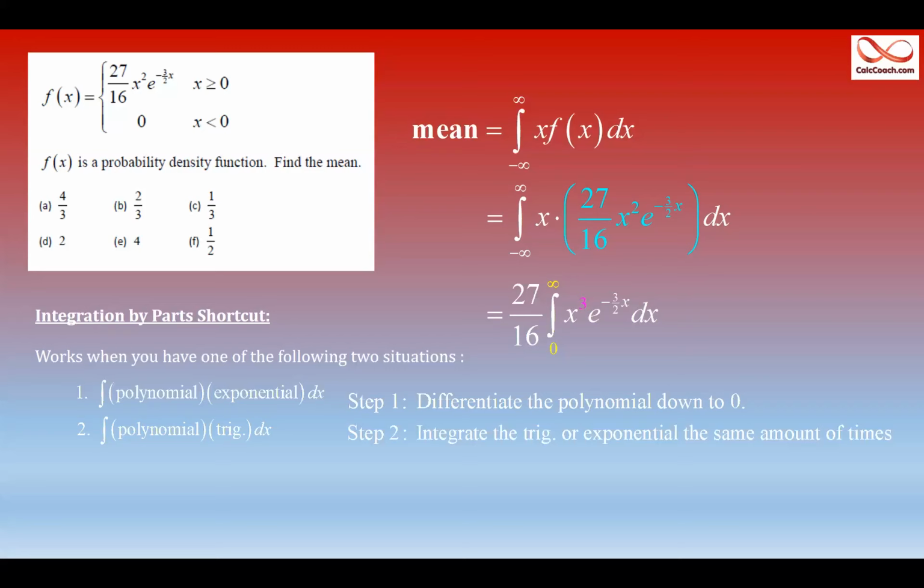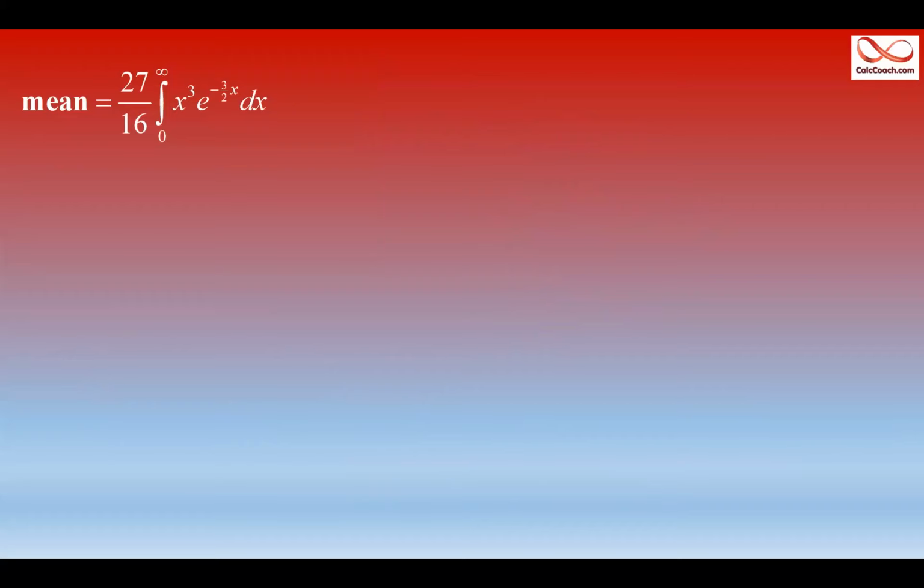And then you're going to multiply along diagonals going down and to the right and apply an alternating sign, starting with the plus. And so that will do it for you. It will do all the UV minus VDU and the double minus on the second time through. It does it all for you. And so let's see that in action on our integral.